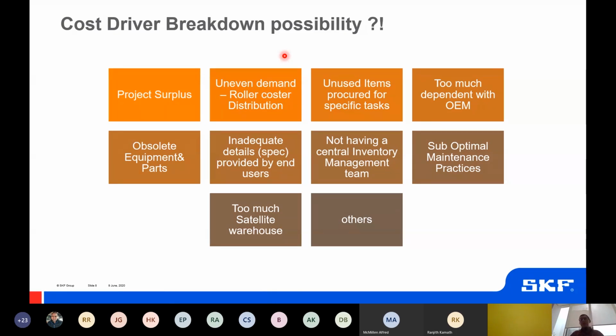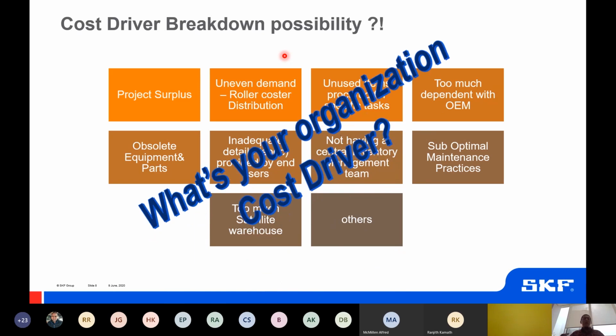That means our availability and reliability of equipment can be higher, so it's not necessarily that we go for consumption pattern. By having this list, we are asking your organization. Maybe your organization has a different opinion, maybe a different cost driver. So this list can be added to more and more.